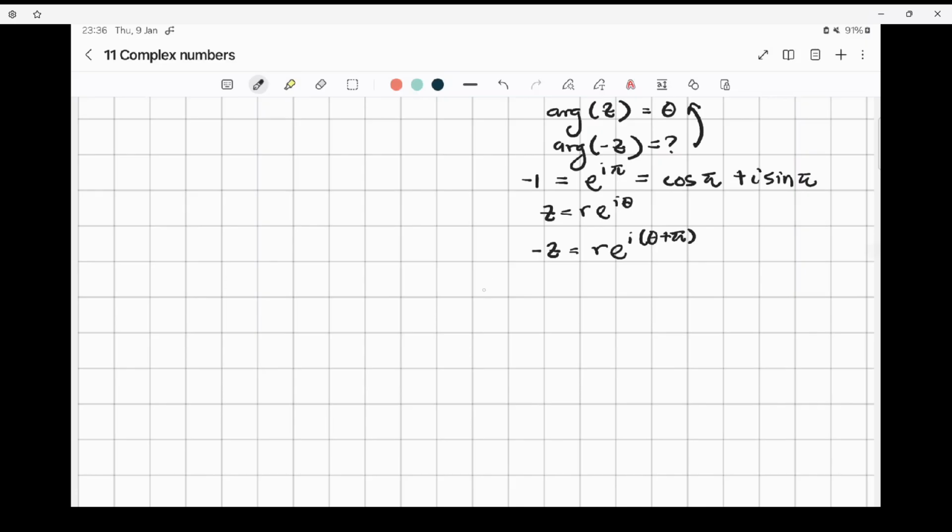So then the argument of minus z will be equal to the argument of r cos (theta plus pi) plus i r sine (theta plus pi). I probably don't have enough space, so I need to move this particular equation to the left.